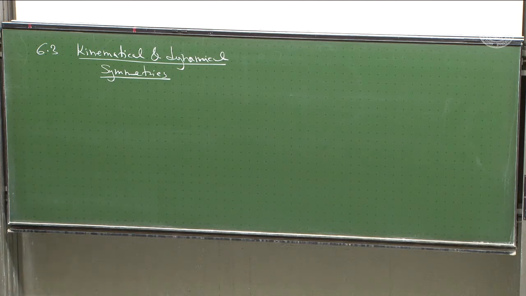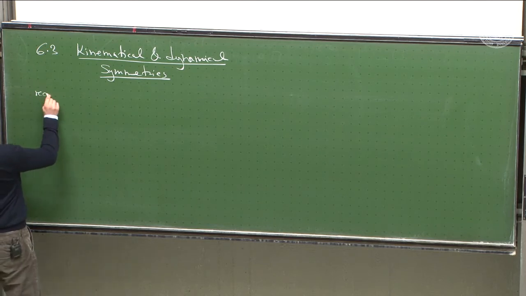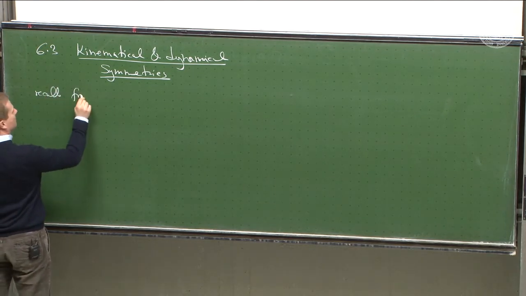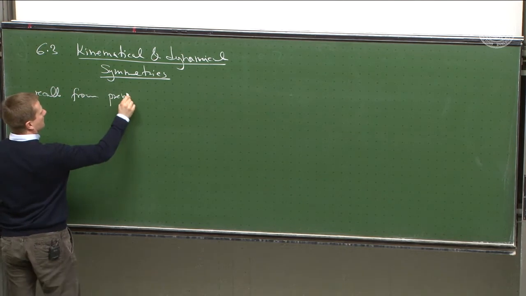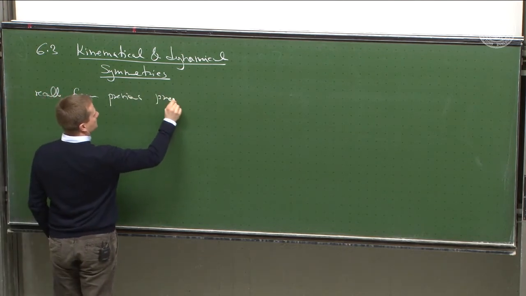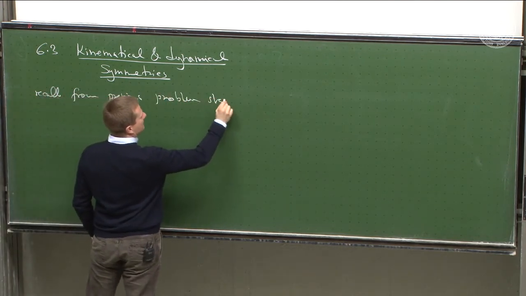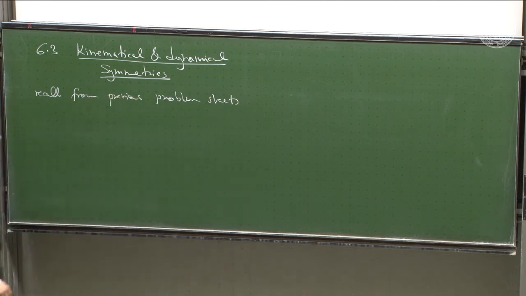Okay. So let's recall from one of the previous problem sheets the setup of classical mechanics in a symplectic manifold picture.